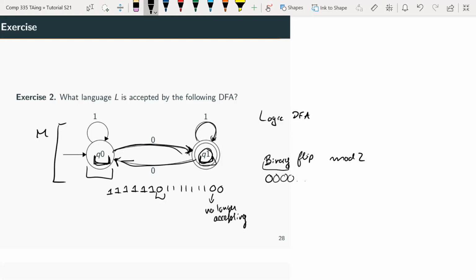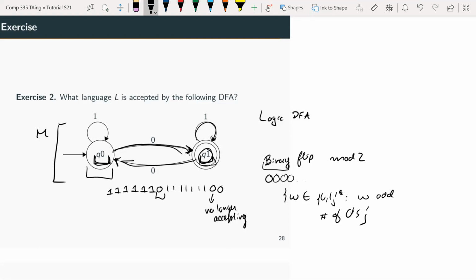So what we're looking for in this accepted language is strings W in {0,1}* where you have an odd number of zeros. The strings accepted by your DFA are the strings over {0,1}* where W has an odd number of zeros. If you don't see why, just think of that flipping the switch mod 2 example.